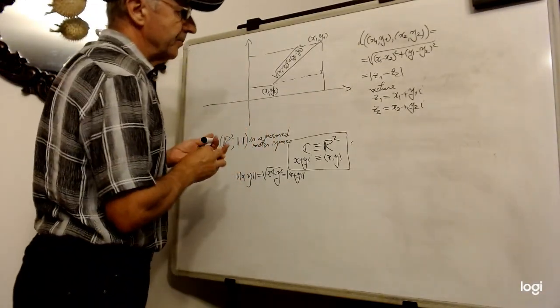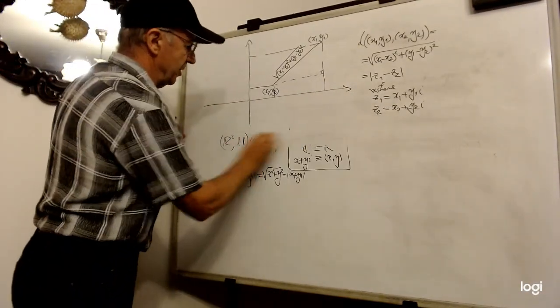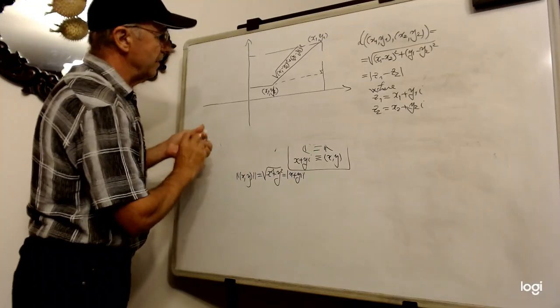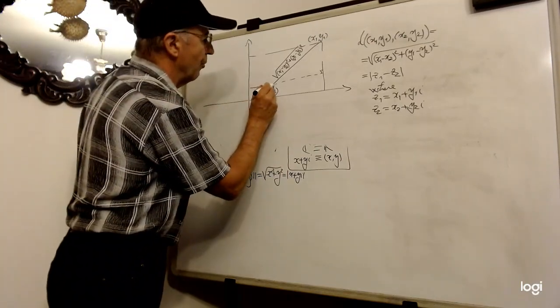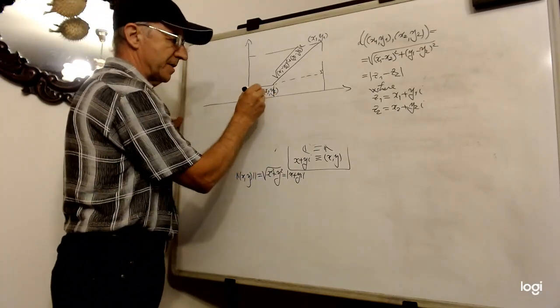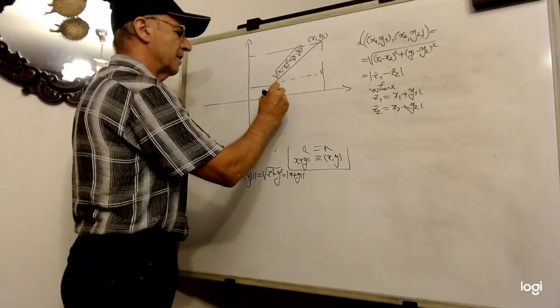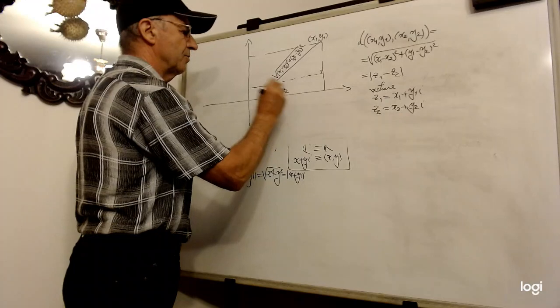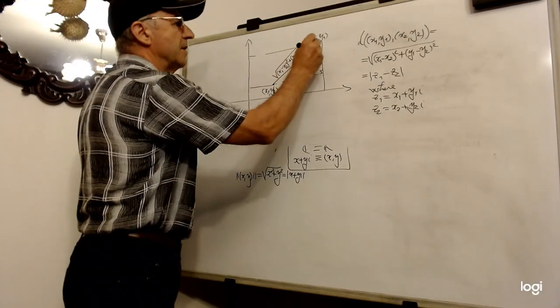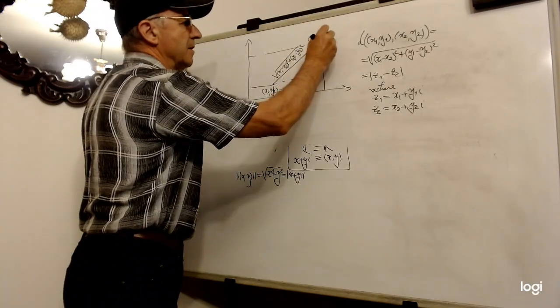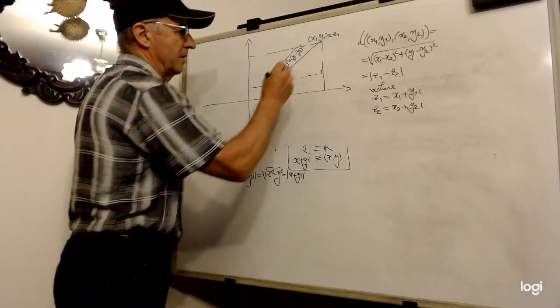So the distance between this point, where we represent this vector, and at the same time the complex number z2 is here, and here is z1.